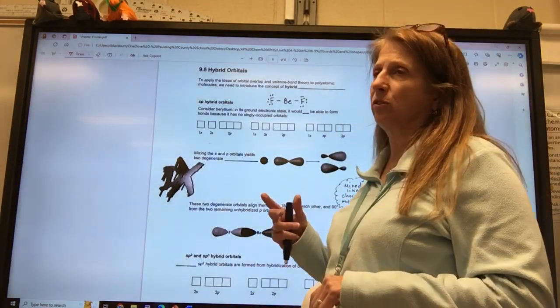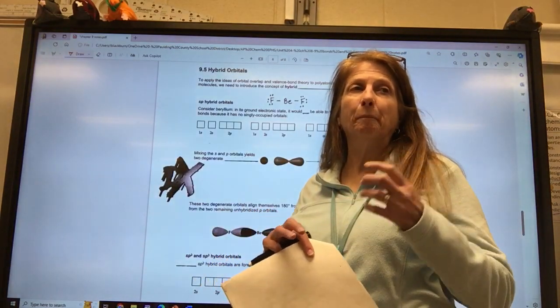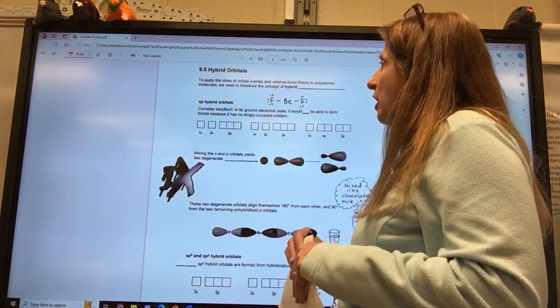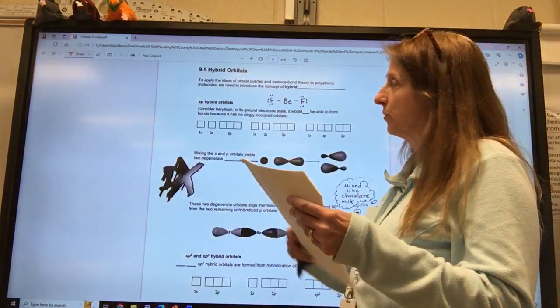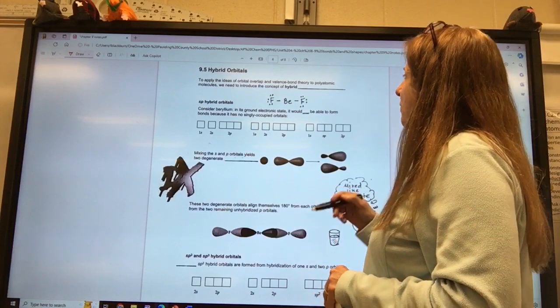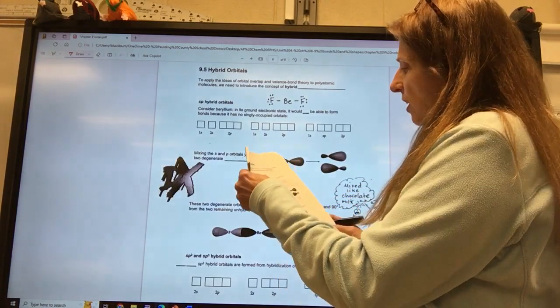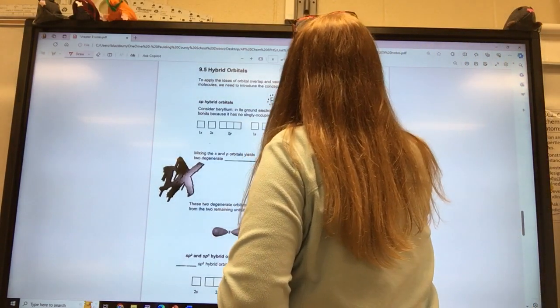But also, I told you then that orbitals can be mixed. You can mix the orbitals together and get a new shape. And that's hybrid orbitals, okay? To apply the idea of orbital overlap in valence bond theory to polyatomic molecules, we need to introduce the concept of hybrid orbitals.